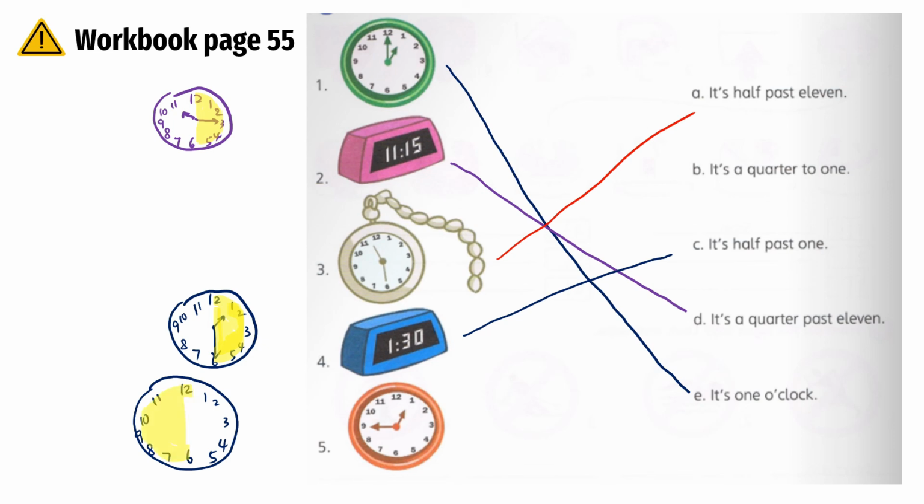Quarter to the next closest number. Is this nearing 1 or nearing 12? Okay, it is nearing 1. So we will say that this is quarter to 1. So the answer is quarter to 1.